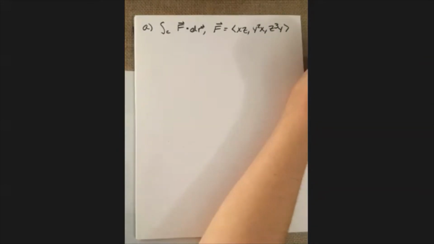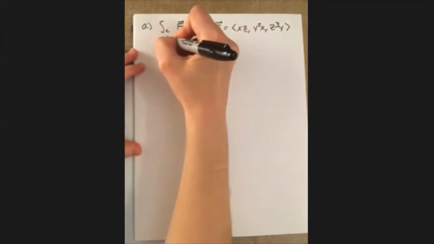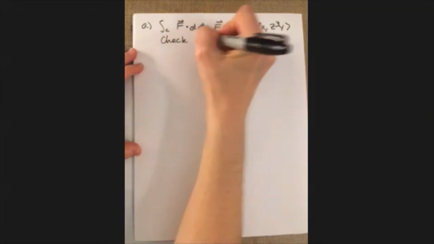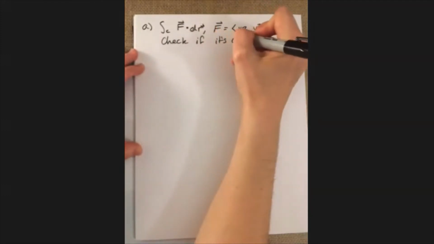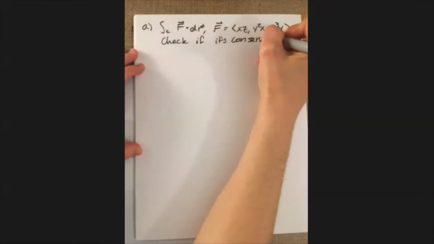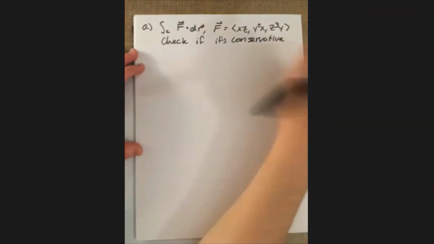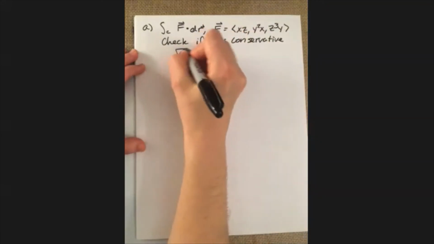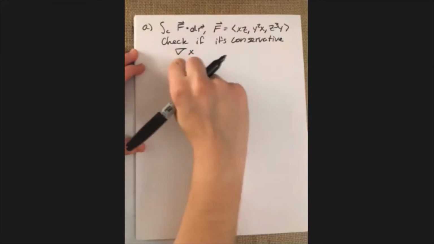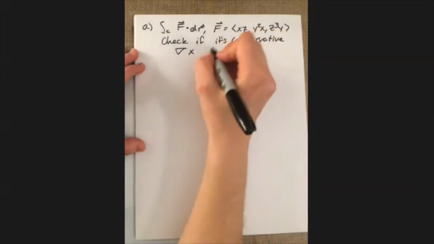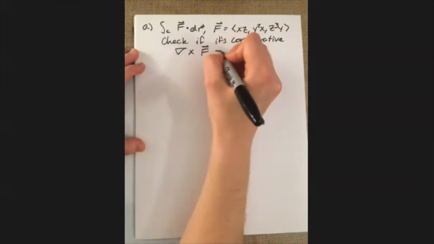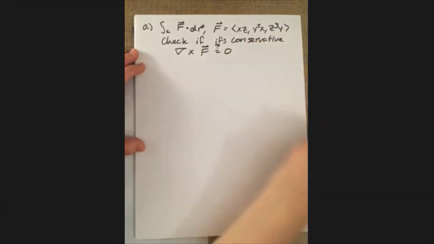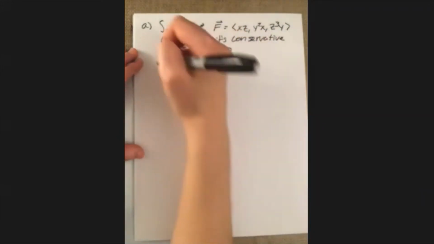So the very first thing we're going to do is check to see that it's conservative. And since f is a three-dimensional vector field, we're looking at taking the curl, which is the cross product between this gradient type operator and the vector field itself. And we want to make sure that that is equal to 0. So let's take a look.